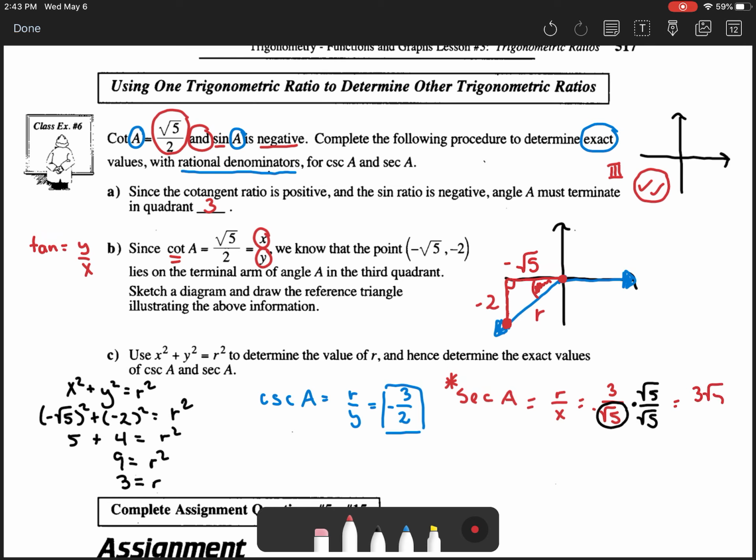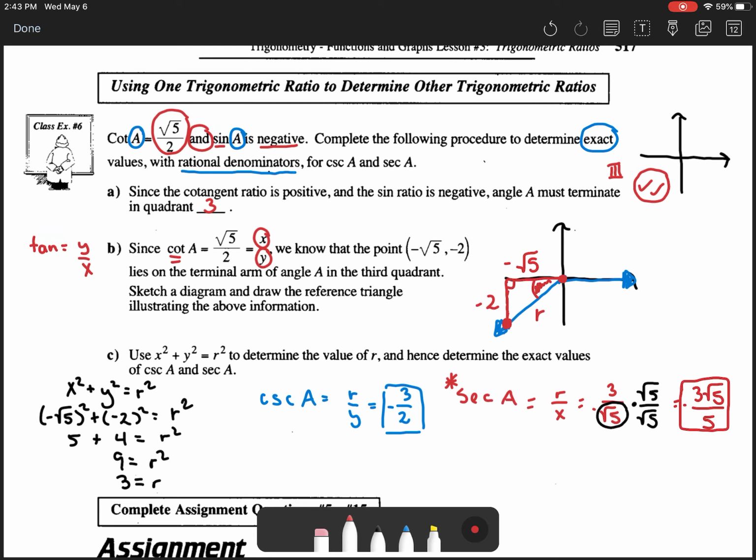So now in the numerator, when I go 3 times root 5, that's 3 root 5, and it's still negative. And in the denominator, root 5 times root 5 is just 5. So there is your expression for secant of a, negative 3 root 5 over 5. And the question you'll ask is, do I have to rationalize the denominators? And the answer is yes, you do.